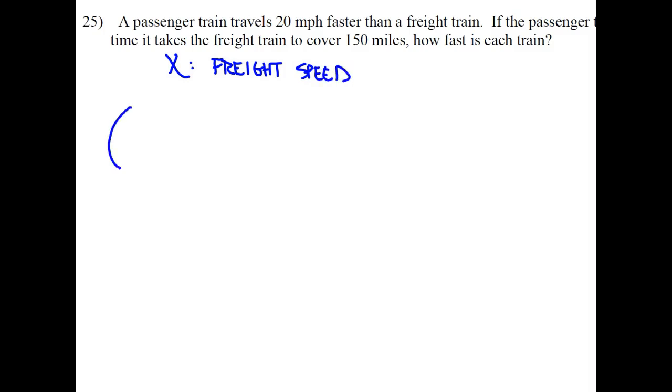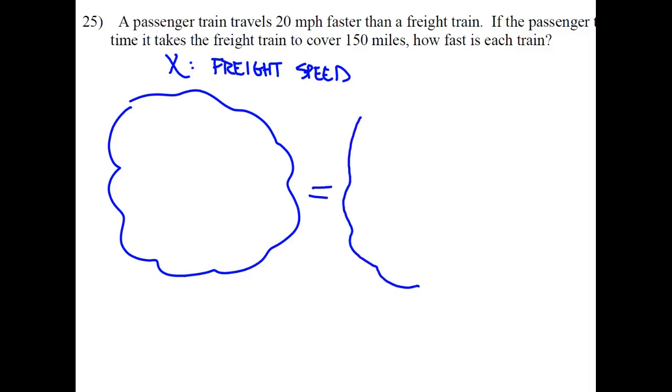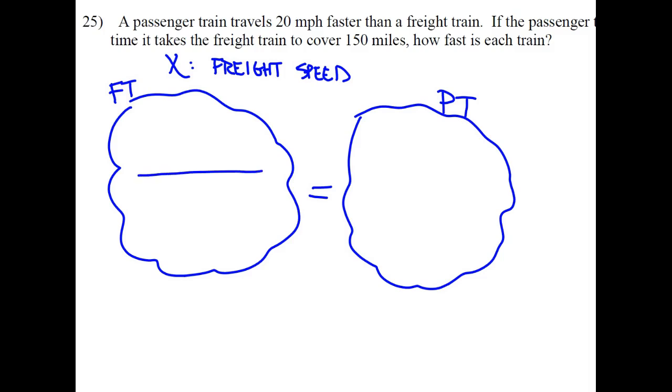Okay, well then, because it said that the time was the same again, we have the time of the freight train and the time of the passenger train. Okay, and we know the distance of each one of them. The freight train went less far, so the other one went farther. So the passenger train went 200 miles.